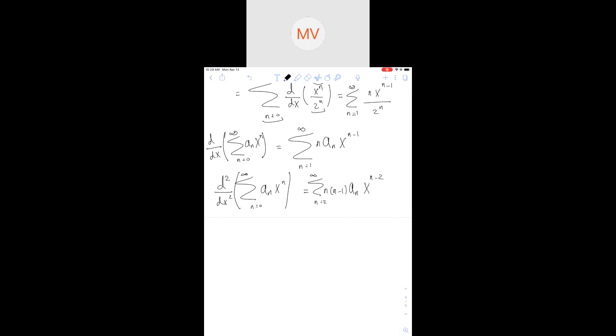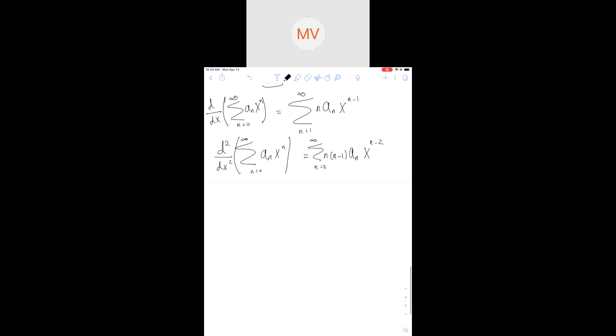Okay. You can also integrate. In general, the integral of the summation of a sub n x to the n, from 0 to infinity, dx, you can write as the summation of a sub n times the integral of x to the n dx, from 0 to infinity.